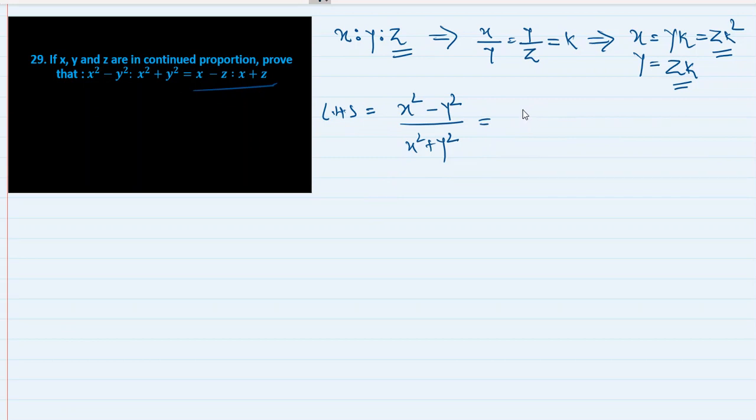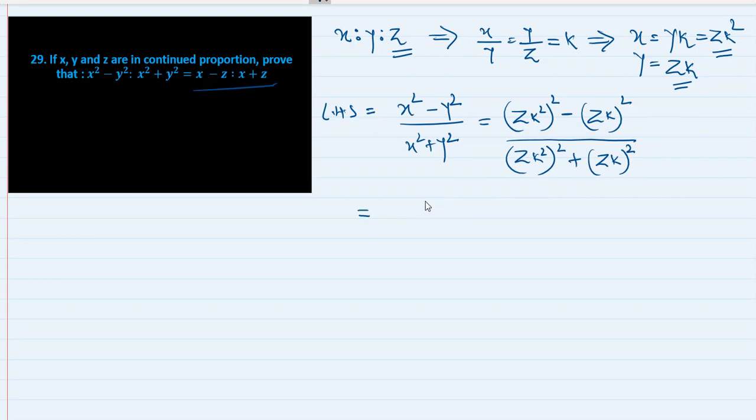X square is zk square the whole square minus y square is zk the whole square. Okay, what is x square plus y square? Zk square the whole square plus zk the whole square.